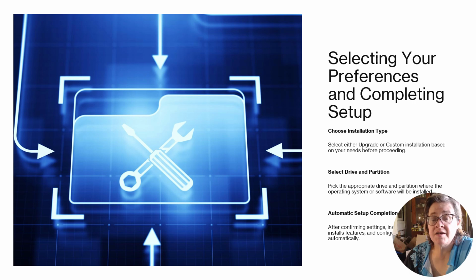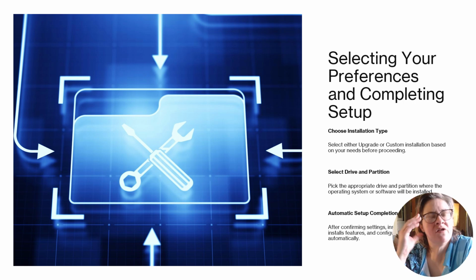Choose the installation type, upgrade or custom. Select your drive and partition for installation and confirm your choices. The installation will copy files, install features, and complete configuration automatically. Now, with this, it's best to do whatever the default is if you're a beginner or you don't know what you're doing. If you use custom, it can cause problems.